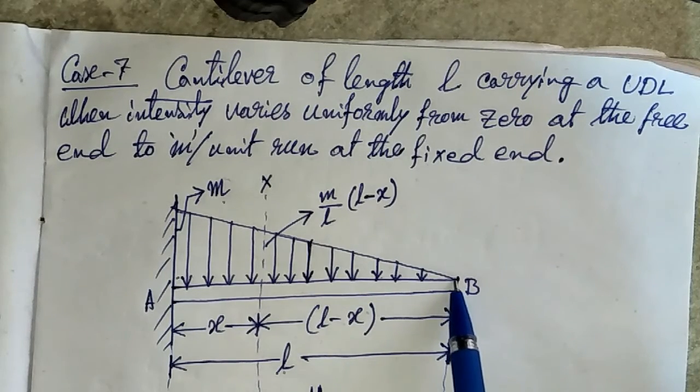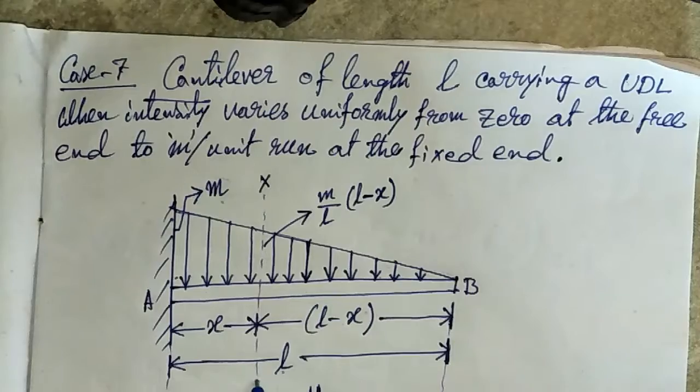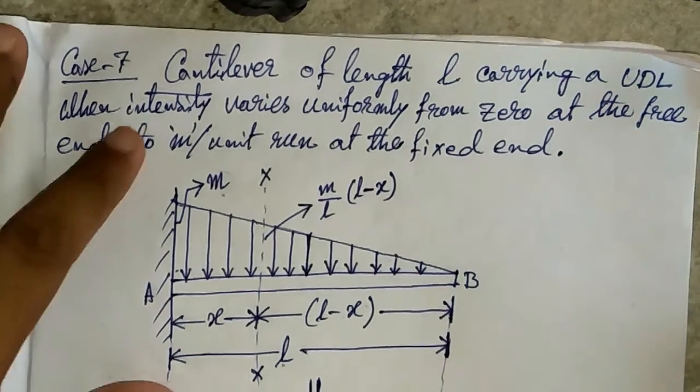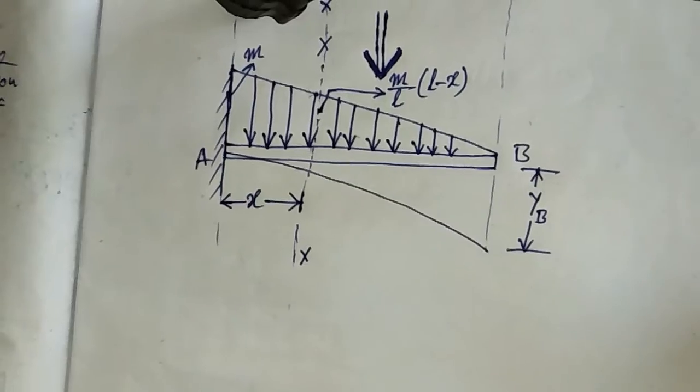We have taken a section XX at a distance x from the fixed end, and the total length of the cantilever is L.